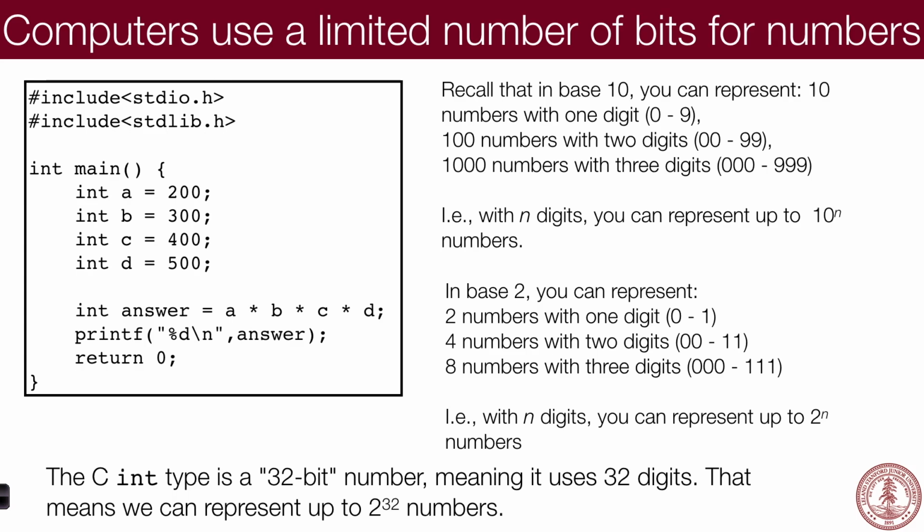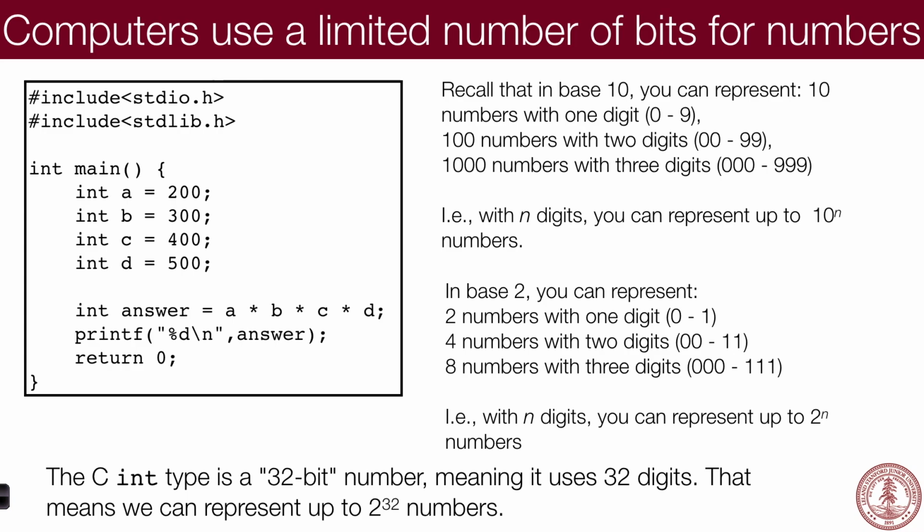In other words, if you have n digits in base 10, you can represent up to 10 to the n numbers. That kind of makes sense once you think about it, right? In base 2, if you have n digits, you can represent up to 2 to the n numbers.